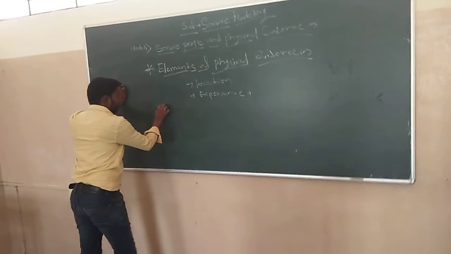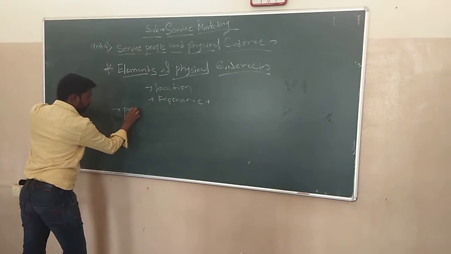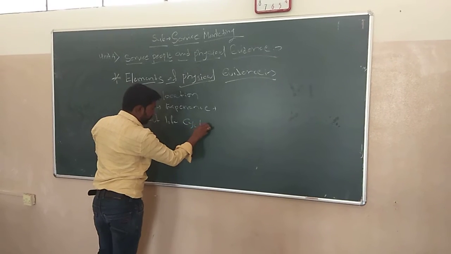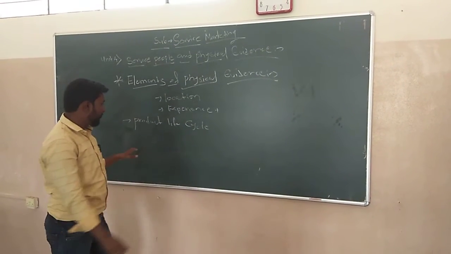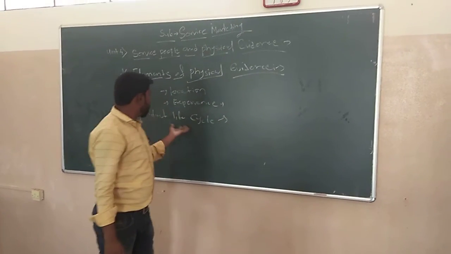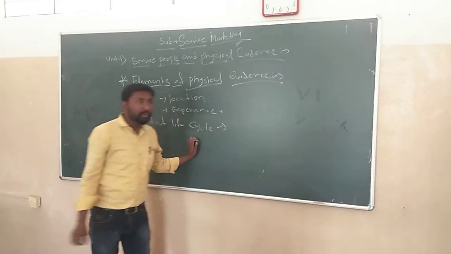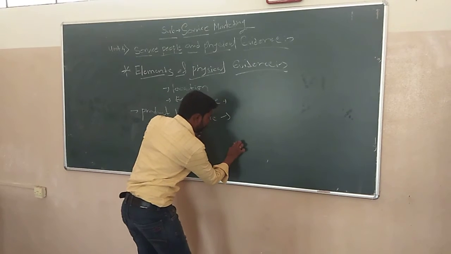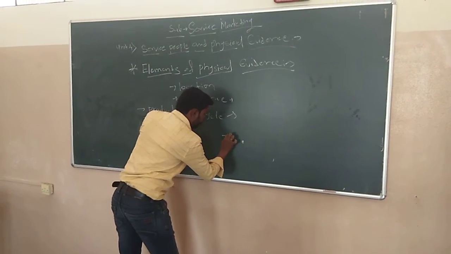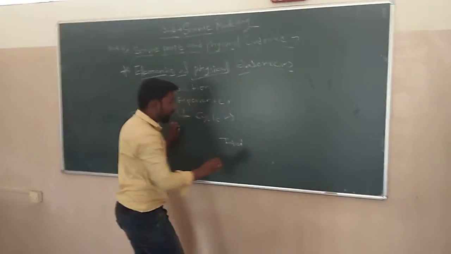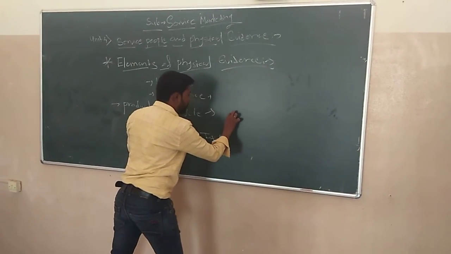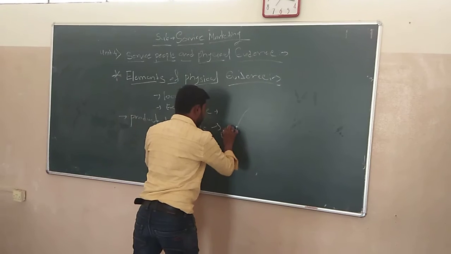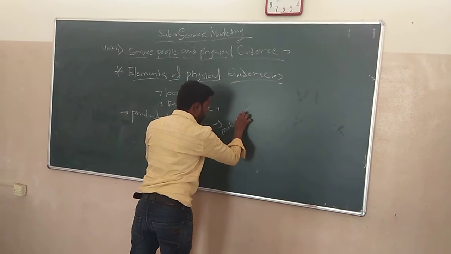So the related point is product life cycle. Product life cycle means the stages of the product life cycle. A new product launch depends on the introduction level, for example, which moves slowly. Second point, maturity level.